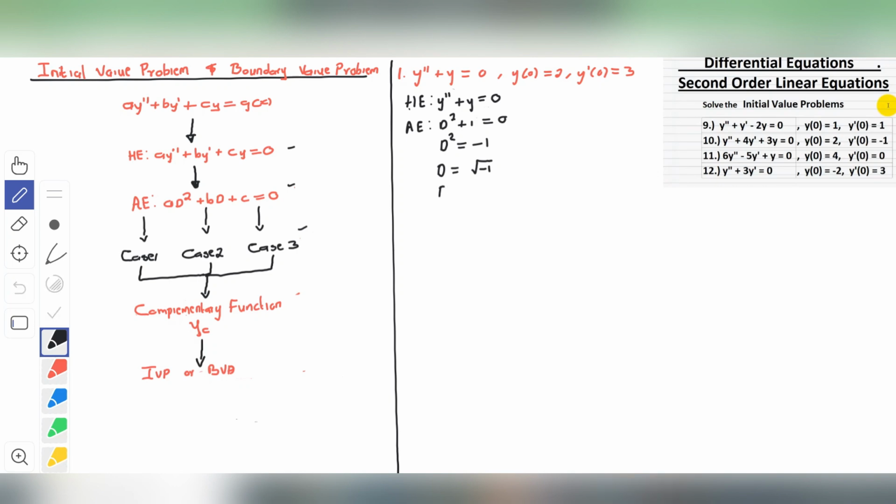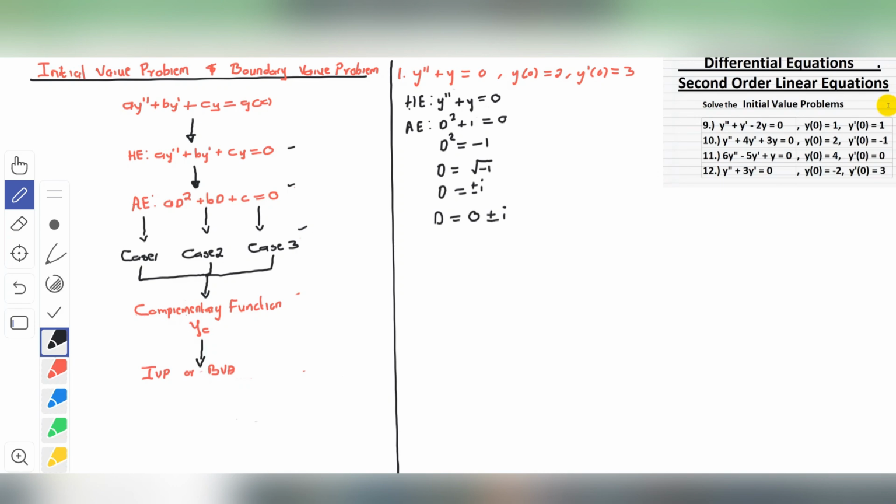So we know that our d is going to be equal to plus or minus i. After finding these values, you can write them like this: 0 plus or minus i.